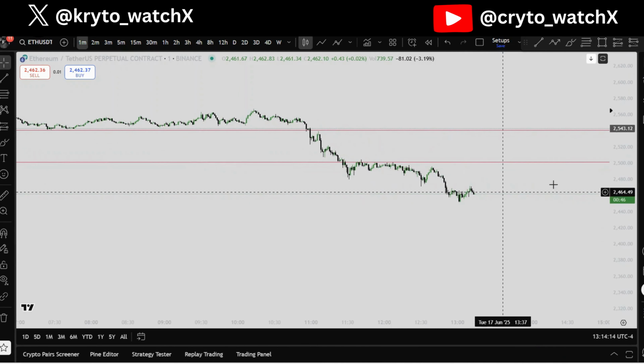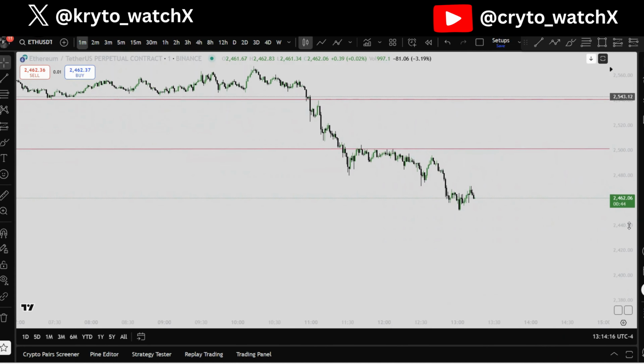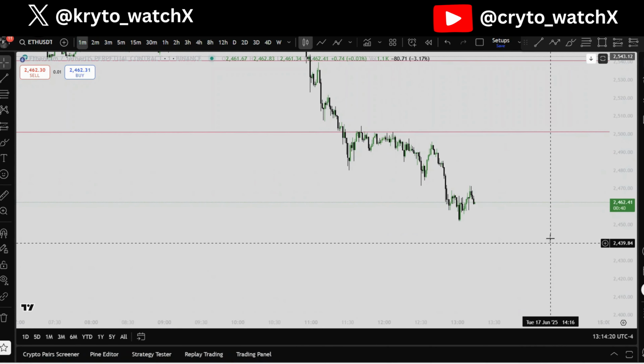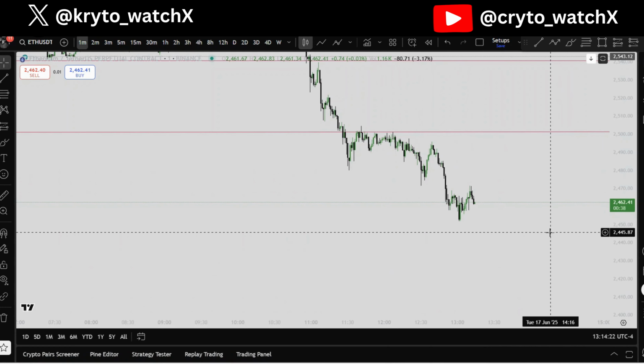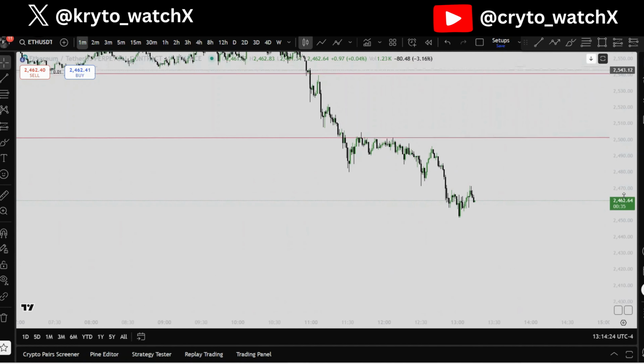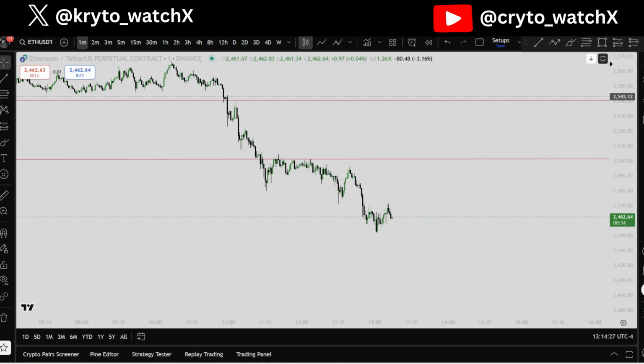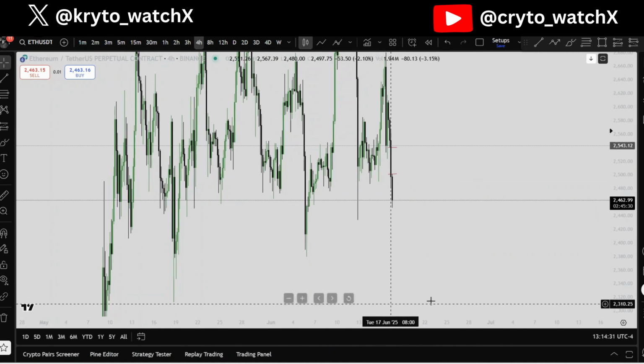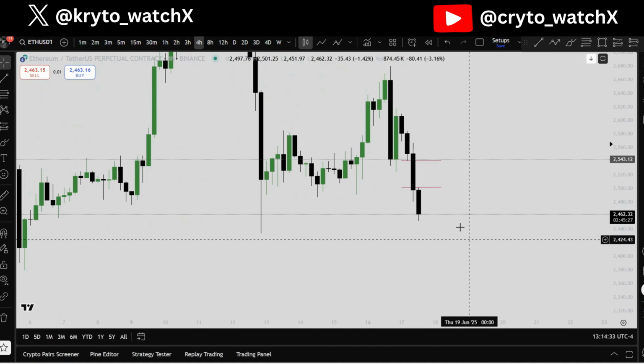After going to the lower time frame of 1 minute, what we want to see is the price on the 4-hour chart making an FVG, and after that rejecting.